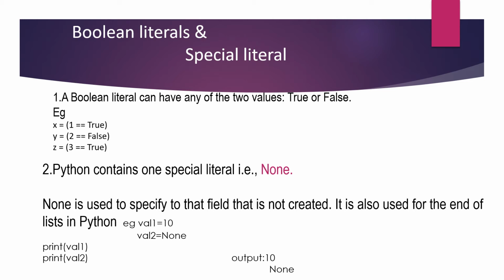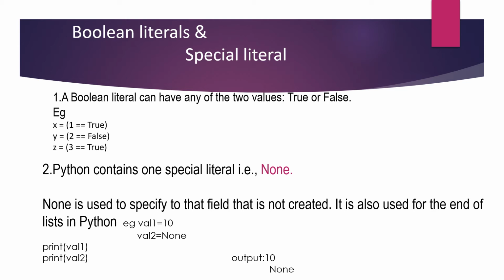The next is the special literal. Python contains one special literal, that is None. None is used to specify a field that is not created. This is also used for the end of a list in Python. For example, variable 1 contains 10 and variable 2 is assigned the None value.